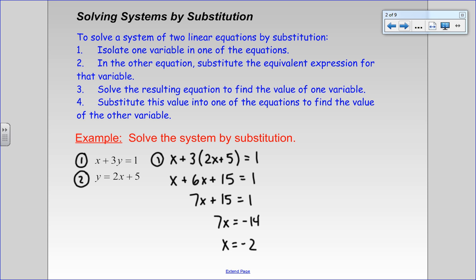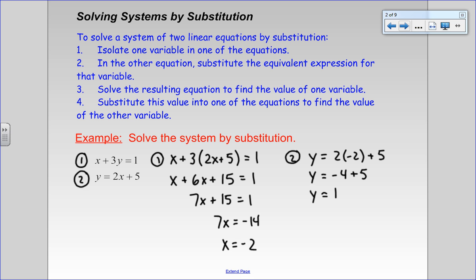Now step 4 is to substitute this value back into one of the original equations to find the value of y. In this case, the easiest substitution to make would be into equation 2, since y is already isolated in that equation. So we have y equals 2 times negative 2 plus 5, or y equals negative 4 plus 5.